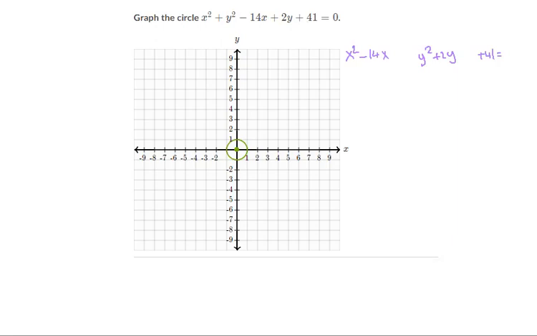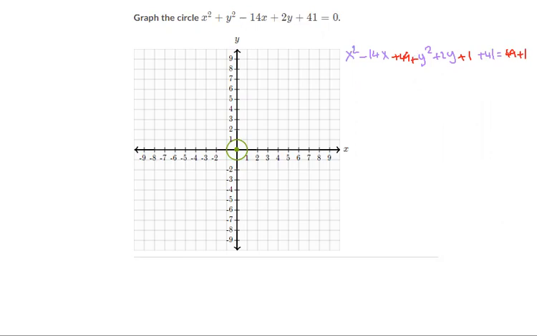We take half of this coefficient, which is -7, and square that number, which is 49. Then take half of the linear term, 2, which is 1, and square that, which is just 1. And I add 49 and 1 to the left side, so it's better to do the same thing on the other side so we keep the equation the same.